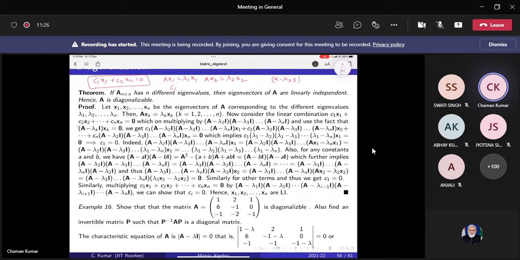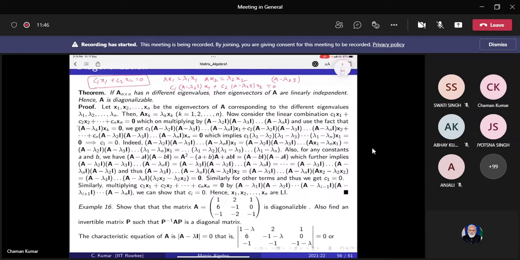C1 is constant, so you can write C1 A minus lambda 2 I times x1 plus C2 A minus lambda 2 I times x2 is equal to 0. Do you agree with this?